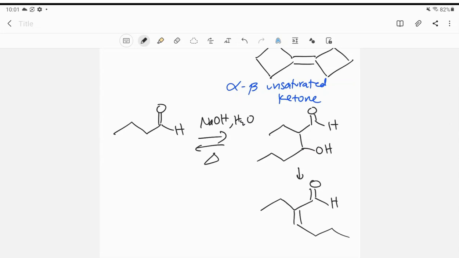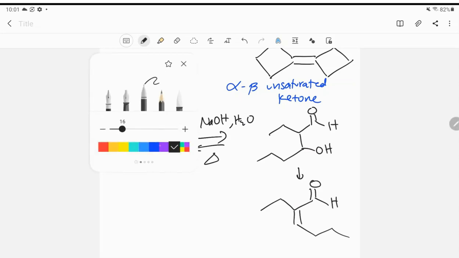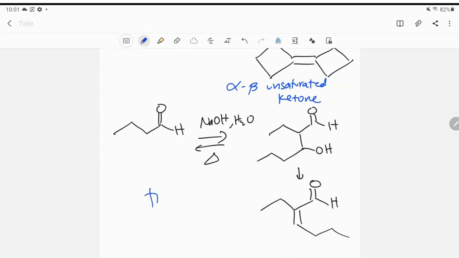But we're going to end up eliminating. So in the presence of heat, you will eliminate your hydroxy group, giving you the double bond. And as always, the trans product is favored over the cis product. So you will see that your major product will always be your trans product.